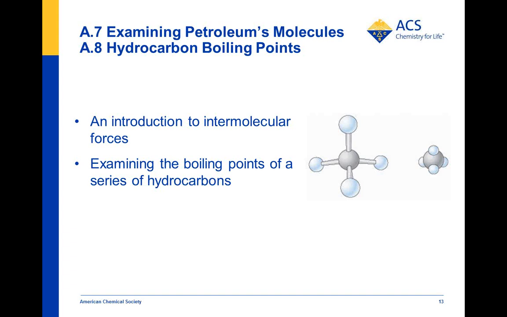So the students look at this and they start to realize that some of these petrochemicals, some of these hydrocarbons boil at very low and very high temperatures, and they will have the opportunity to see that the molecule size has something to do with this.